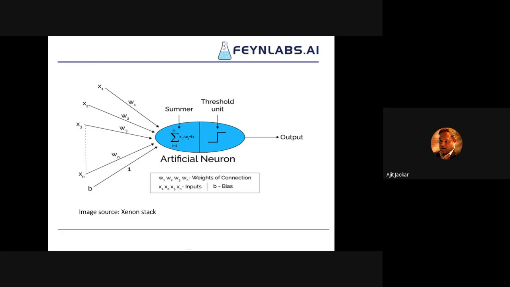And the idea was to model that using artificial means. So what you have is the summation function here, and you have inputs x1, x2, x3, x4. Each of those inputs has weights, w1, w2, w3, and so on. Then you do a summation of xi times wi, and you add the bias, which is the number added here, and then you pass it through a threshold value and you get an output.